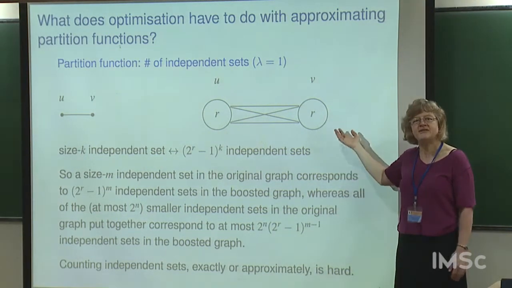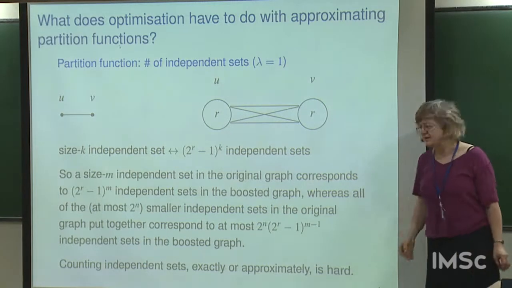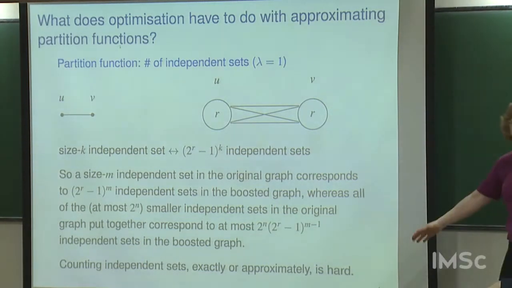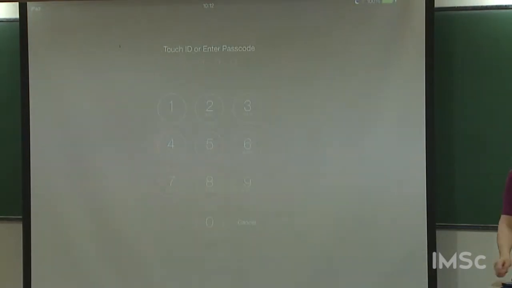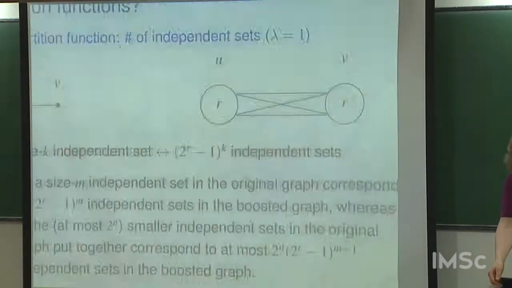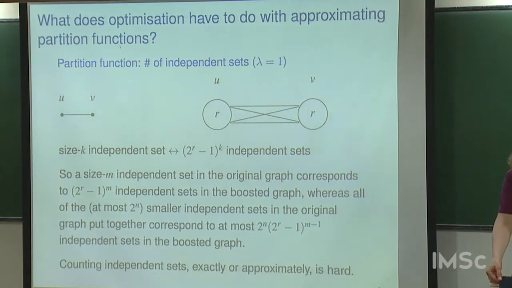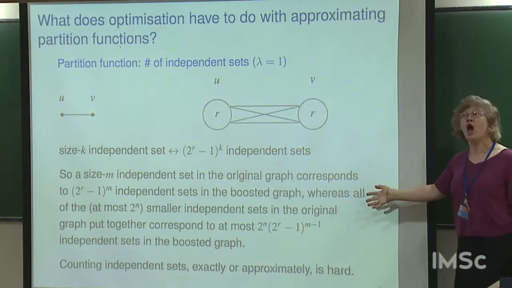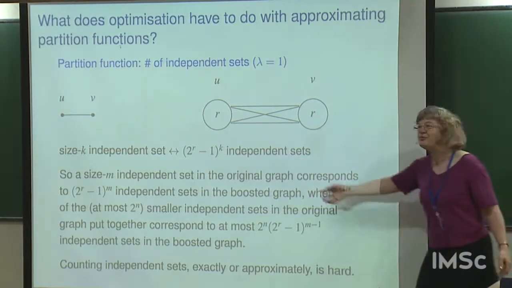So immediately you can see that you can't count independent sets, either exactly or approximately. And even computing the log of the number of independent sets would enable you.